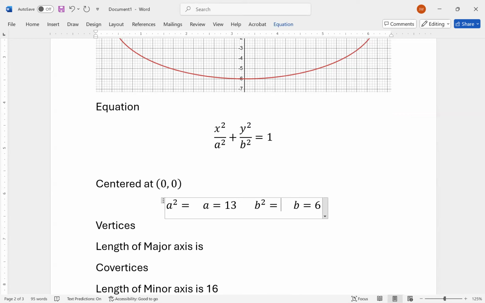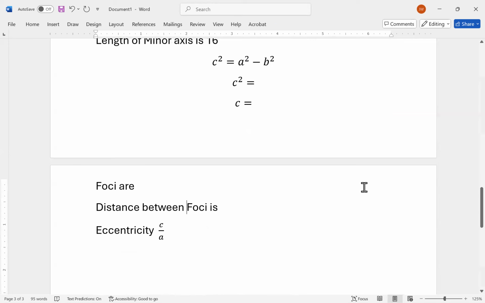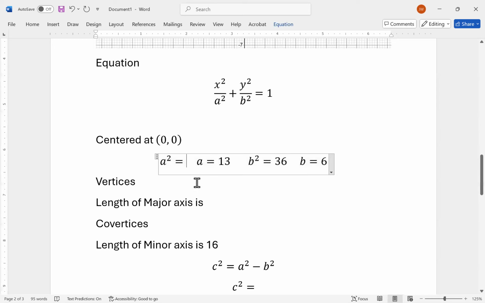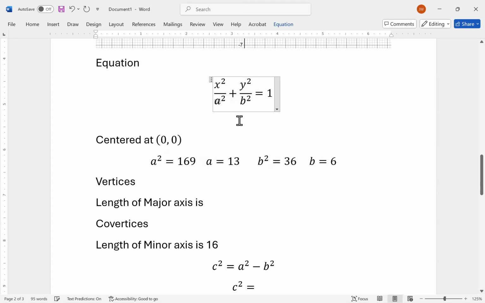That means b squared is 36, and a squared is 169. So I can put that in my equation: x squared over 169 plus y squared over 36 is equal to 1.